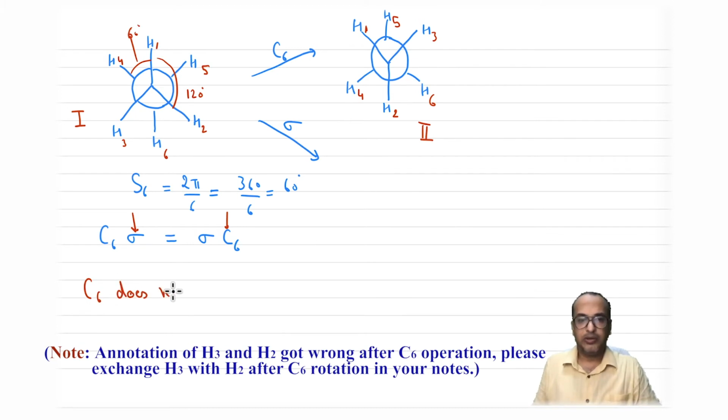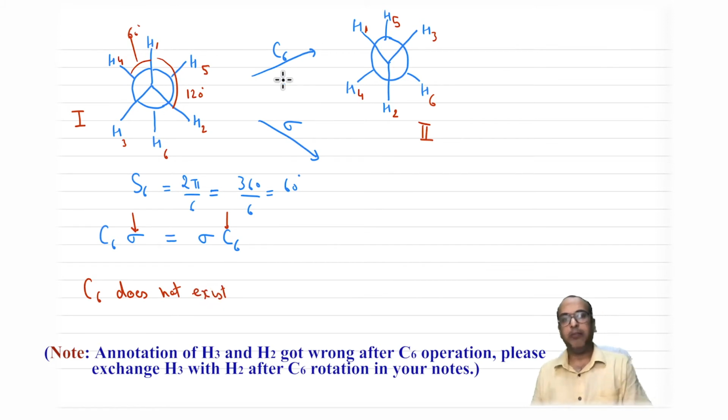We can do the operation, but it may or may not result in an equivalent configuration. If it results in an equivalent configuration, we say that the corresponding symmetry element does exist, but in this particular case, C6 does not exist, right?